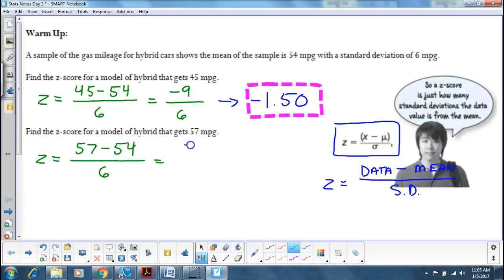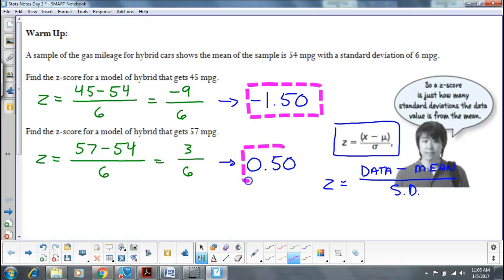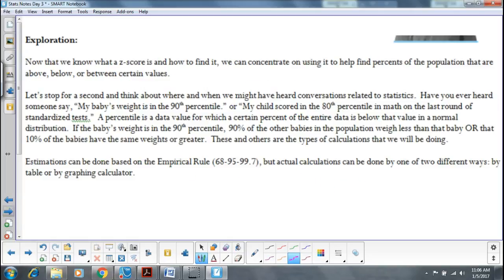That's going to be positive 3 divided by 6, which is positive 0.50. Yes? Okay? So, what can we do now with that?